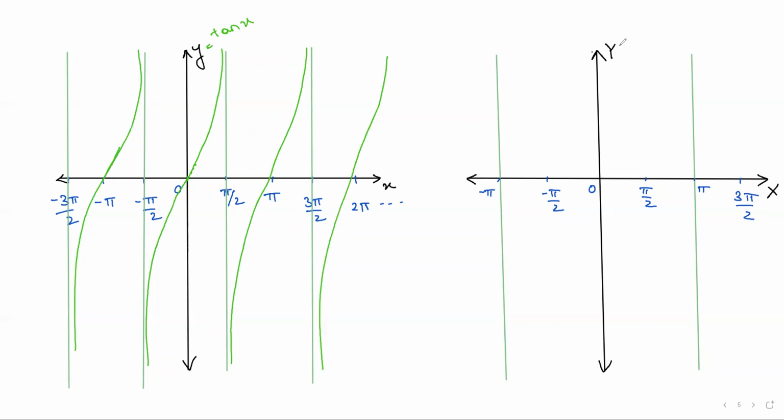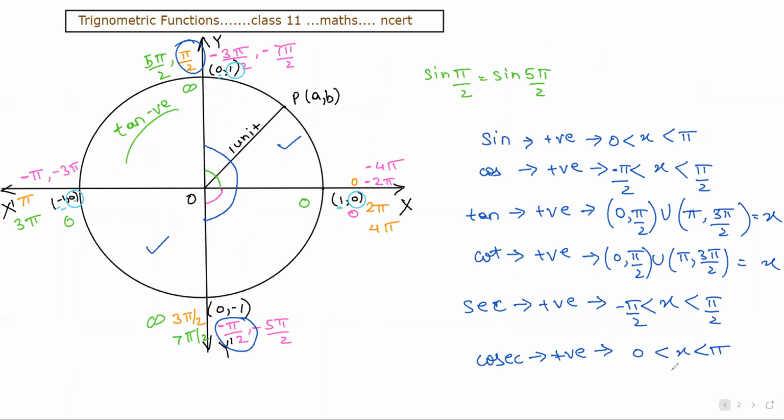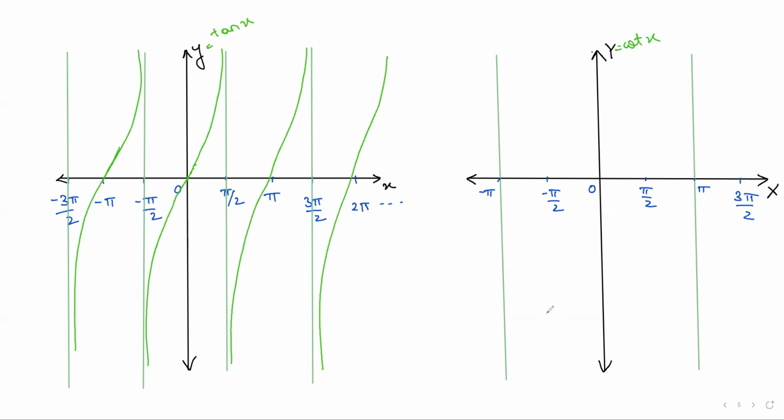What happens with cot? Now cot x is again the same. You need positive values in the first quadrant and in the third quadrant. We'll try and mark it up over here. First quadrant, 0 to pi by 2, and this quadrant: in these, your cot is positive.